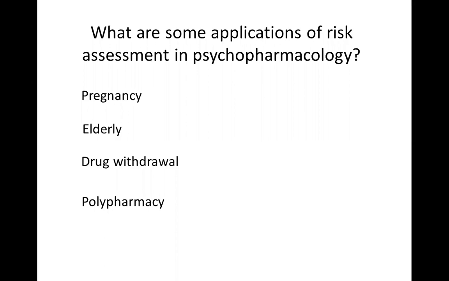So polypharmacy and pharmacogenomics, all of these are factors or places where you would do a risk assessment for that patient. So just think about that from the standpoint of your upcoming practice, because I know you're all going to become prescribers. I'm going to do my best to make that happen. But these are things that you will do a mini risk assessment on for any of these factors.